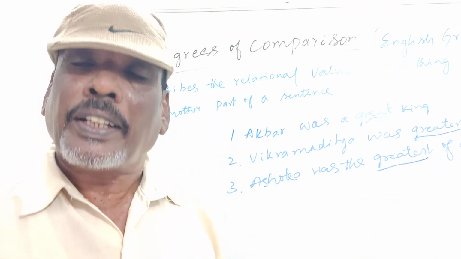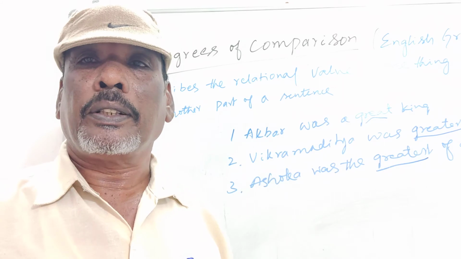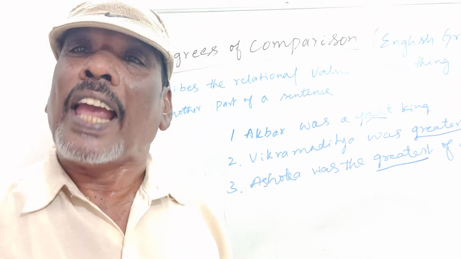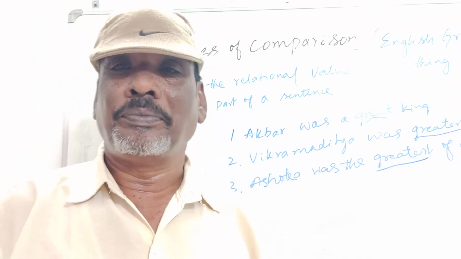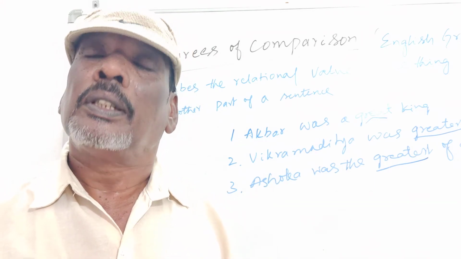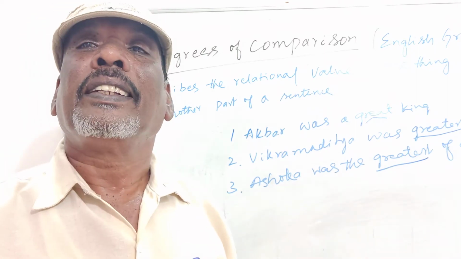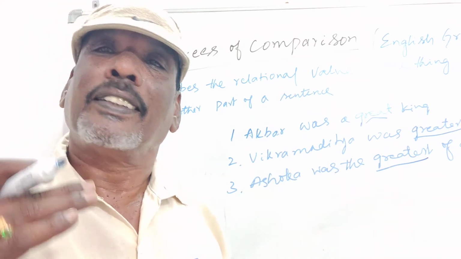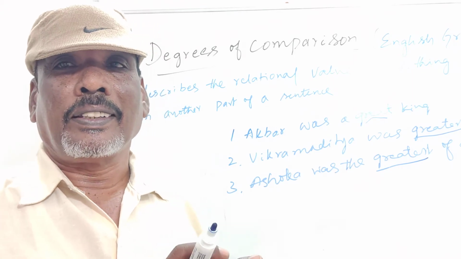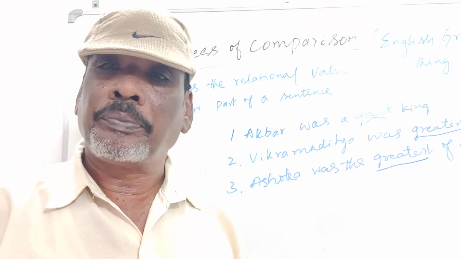So, an important thing that you should keep in mind: comparative degree adjective will end with er than. Superlative adjective will end with est, and it will be preceded by the article, definite article, the. You should keep it in your mind.